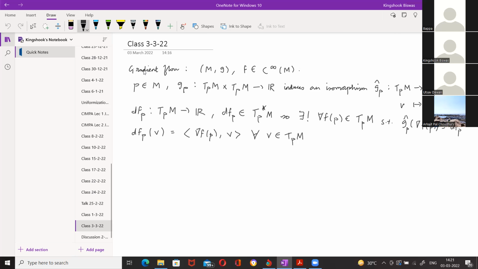Note here, since we have an inner product which is positive definite, it satisfies the Cauchy-Schwarz inequality. This is something special to inner products. You can't do this with a general pseudo-Riemannian metric.